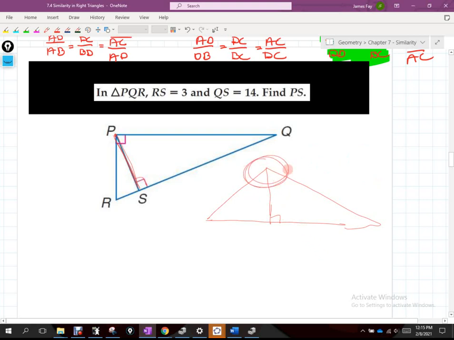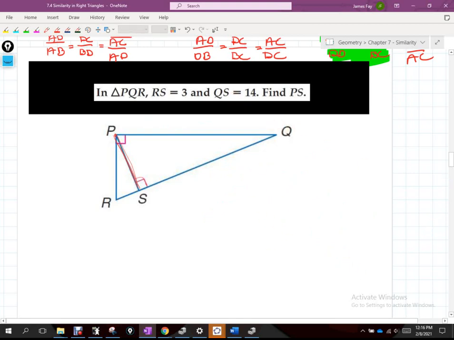Is that a right angle right there? You don't know, right? Okay, so it might be, but we don't know. So if we don't know, we can't guarantee that the process that we're going through right now will work for it. So you need to be told that this is a right angle there. Okay, so just keep that in mind.